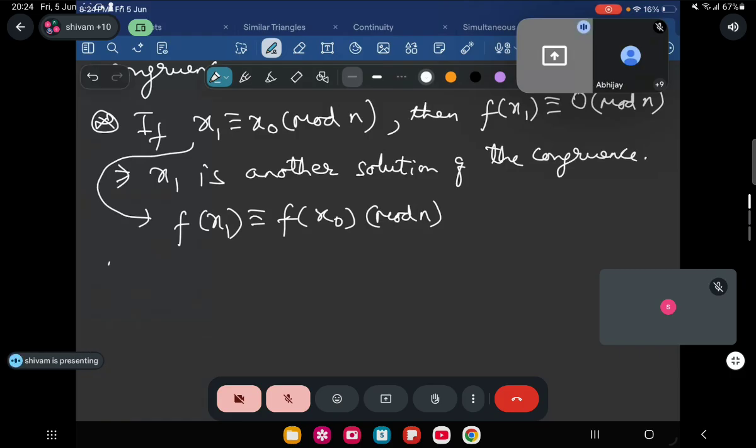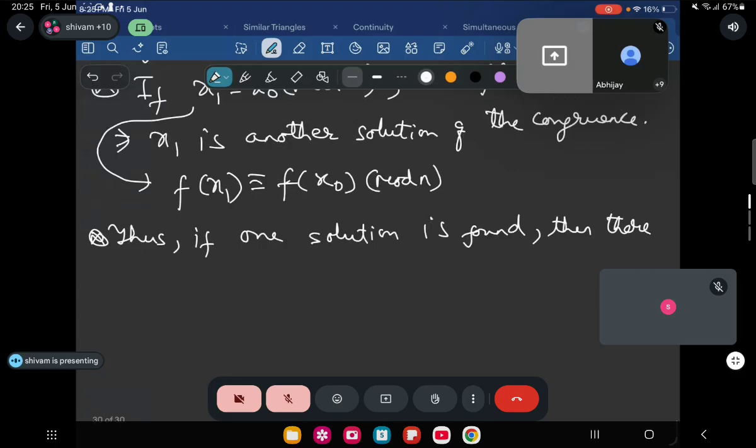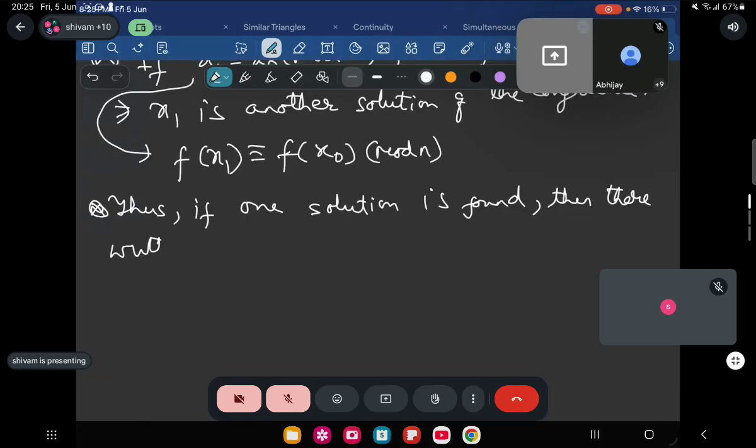Thus, if one solution is found, then there will be infinitely many solutions.